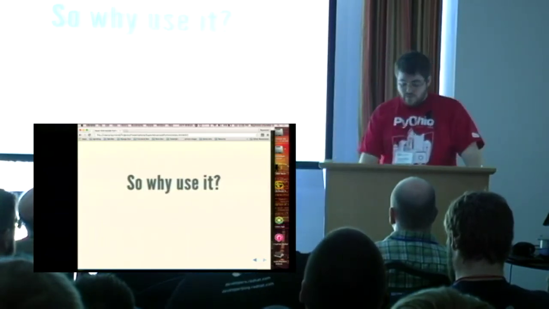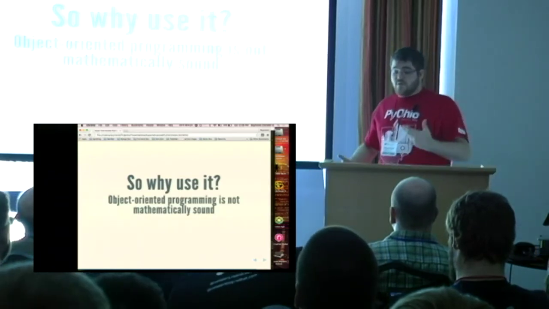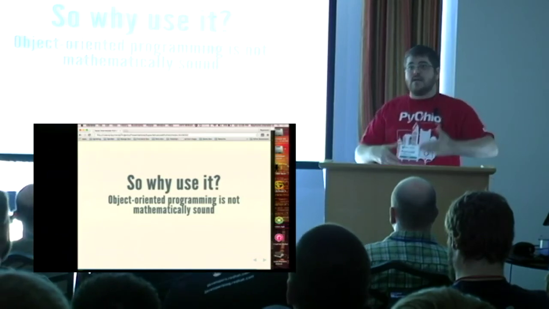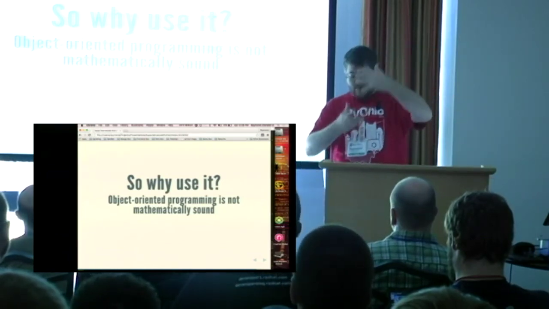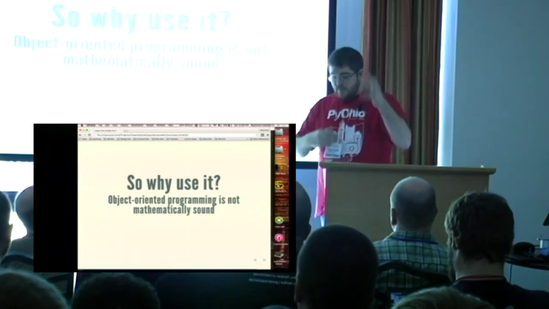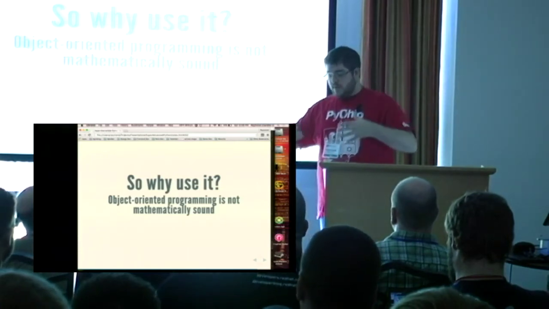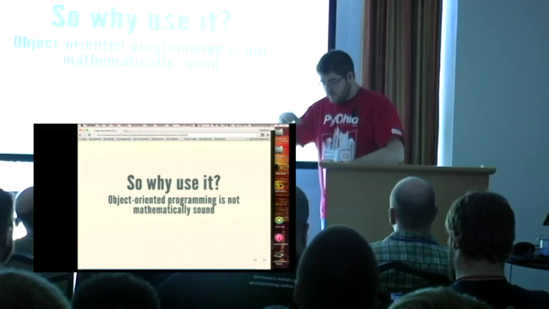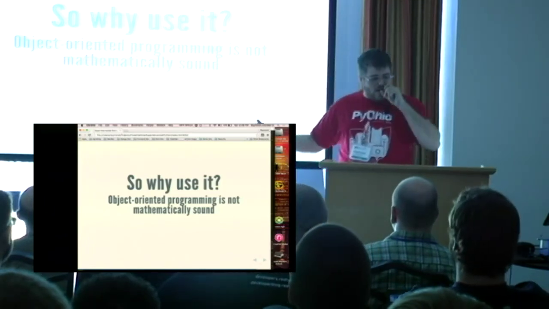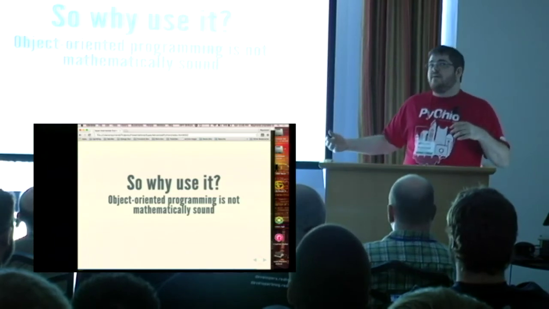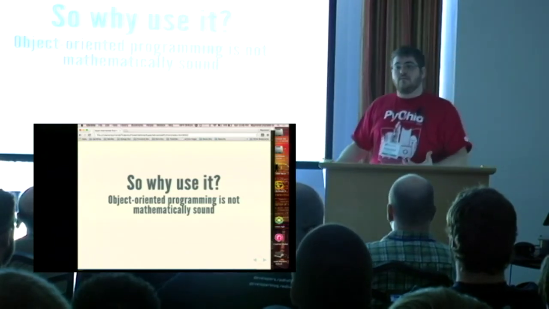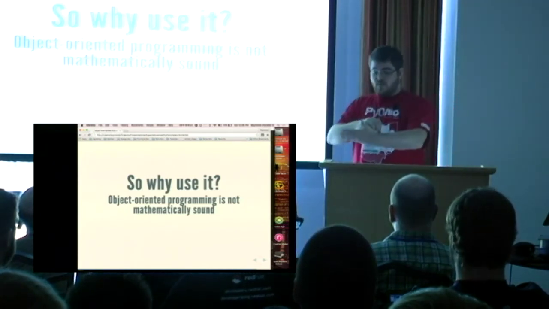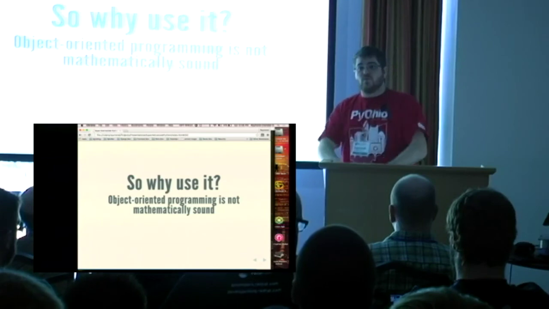So why use functional programming in Python? Object-oriented programming is not always mathematically sound. If I write classes and those classes use other classes, those classes have functions in them, and I'm using this object-oriented method, and if you've got Java in your Python, God forbid, you've got factories and builders and all these other things going on in enterprise code, that stuff is prone to error, right? There's no easy mathematical proof you can write out to say this is always going to work this way.